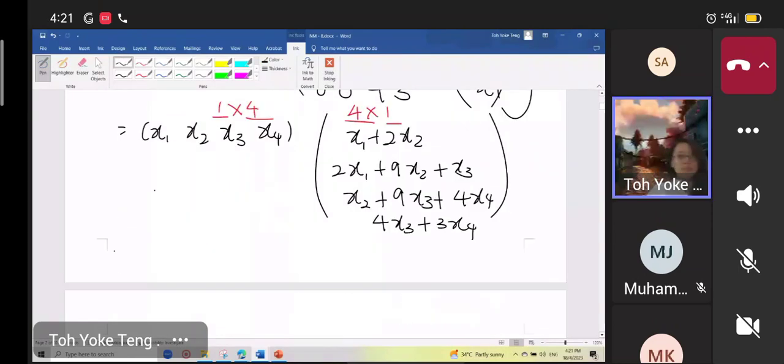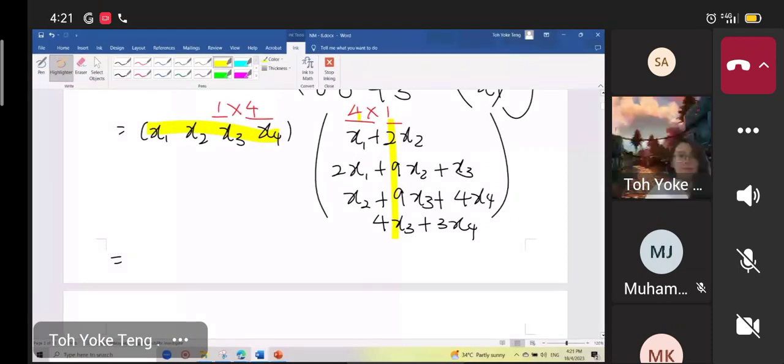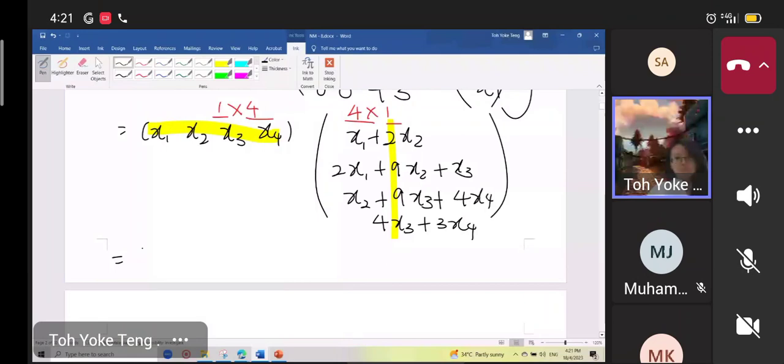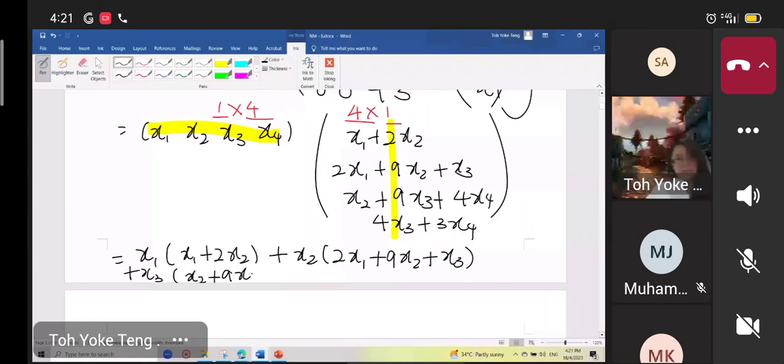Which is equal to, just the same thing, multiply with all this part. So x1 multiplied with x1 plus 2x2, plus x2 multiplied with 2x1 plus 9x2 plus x3, and then plus x3 multiplied with x2 plus 9x3 plus 4x4.